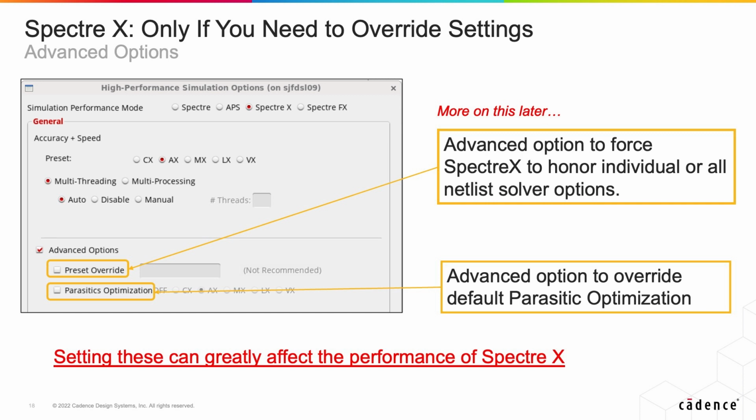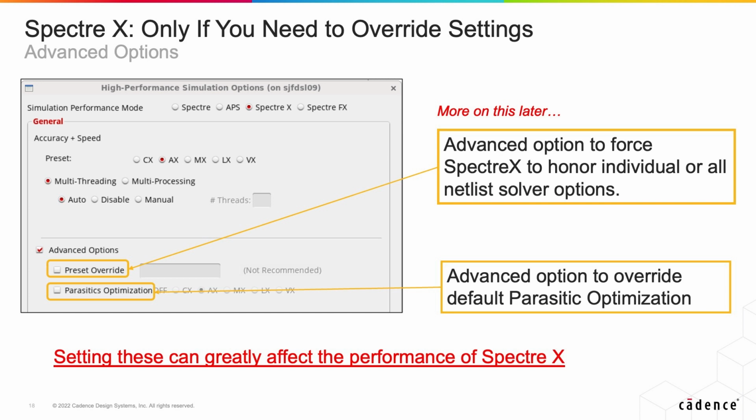We will choose a parasitic optimization value of AX, but that is not written in stone. If you think I have a design where my parasitics have very little bearing on the accuracy of my results, I will keep the preset as AX, but I want really aggressive RC reduction, I will use a parasitic optimization of LX.